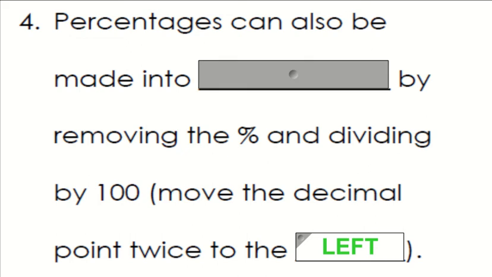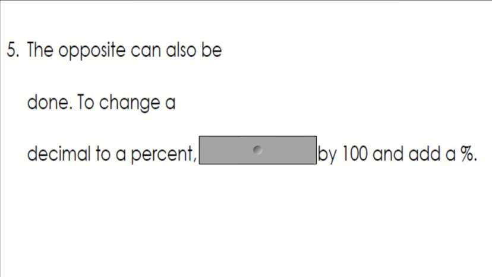Anyhow, that's one way to do it. The other thing you can do is go backwards, do the opposite. So what's the opposite of division? Multiplication. If you have a decimal, again we'll go with 0.47, I could multiply by 100, and that will give me my percentage.